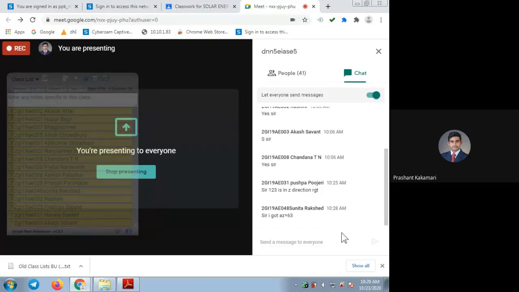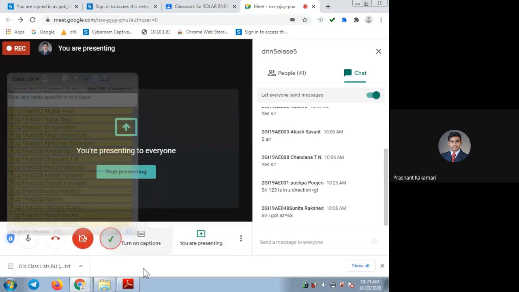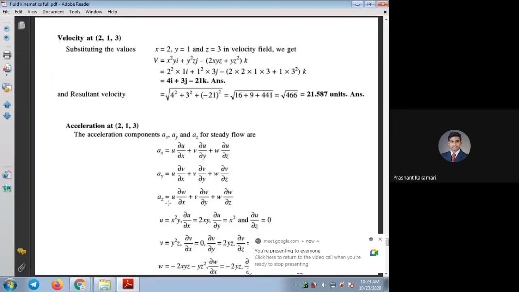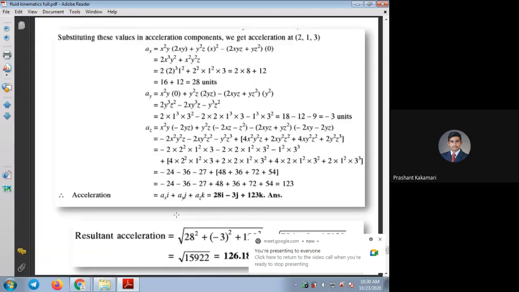Acceleration in Z, 63. Check these values in AZ. AZ, U is x square y, the U value. So carefully, once again, observe the substitution.